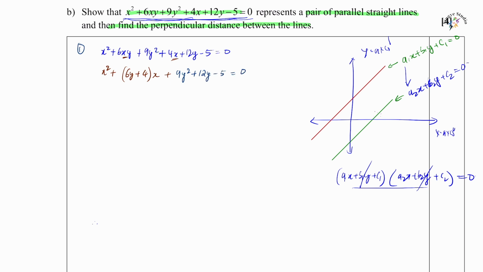And I can also write it like this: x squared plus, here I can take 2 common, so 2 times 3y plus 2 times x, plus 9y squared plus 12y minus 5 equals 0.